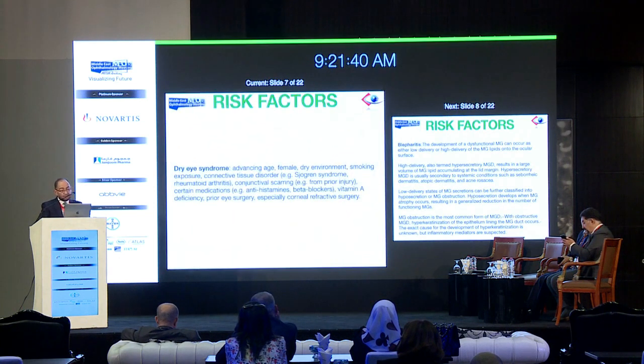The risk factors for dry eye: advancing age, female sex, dry eye environment, smoking exposure, connective tissue disorders, Sjogren syndrome, rheumatoid arthritis, conjunctival scarring from prior injury, chemicals or others, certain medications such as antihistamines and beta blockers, vitamin A deficiency, and prior eye surgery, especially corneal refractive surgery, as Imad mentioned.